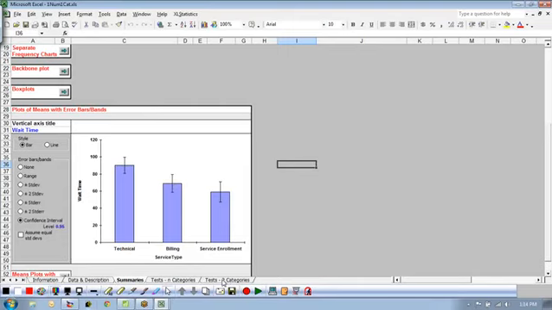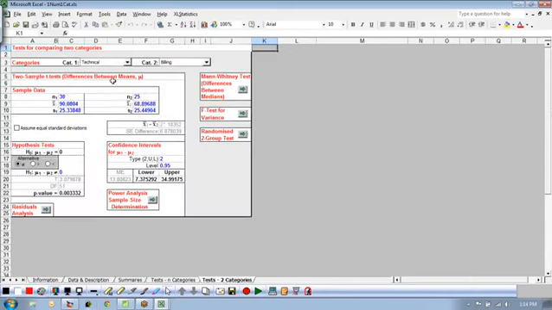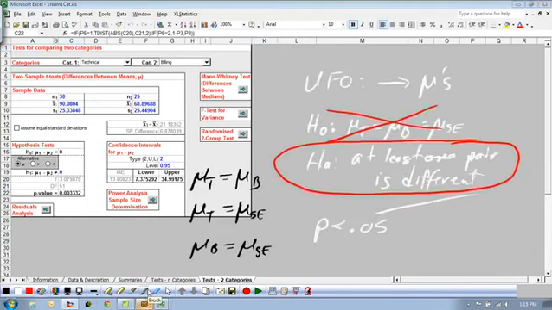So to do the 2x2s, remember there are 3 of them in this case. Let's go over to here. First, let's compare technical and billing. We have a non-equality, and there it is. We find that that is indeed different. They're significantly different. So I'm just going to go ahead and circle that one. So I'll circle technical and billing here.